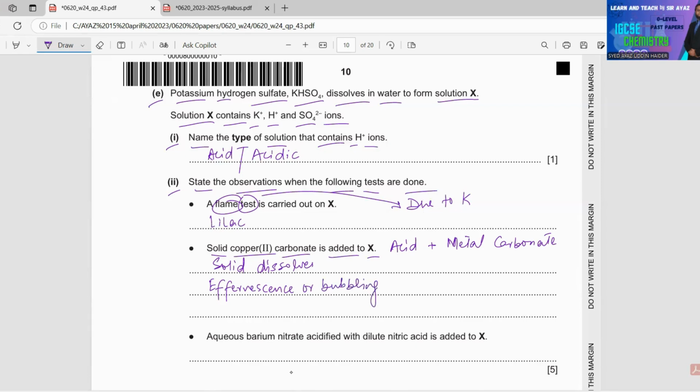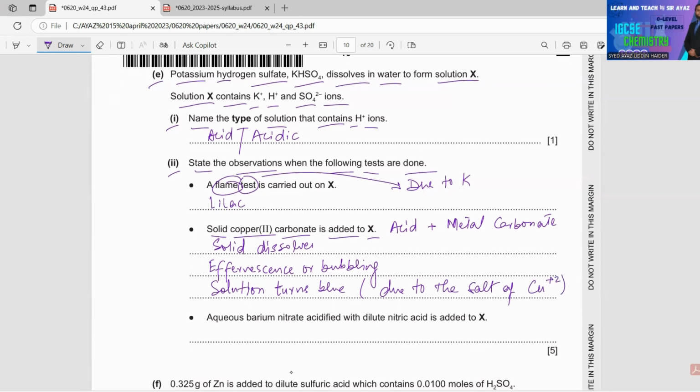Last observation, it must be the color of the copper(II) ion. The Cu2+ ion is forming a salt, so the solution turns blue, due to the salt of Cu2+.